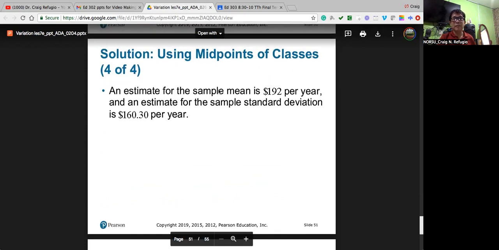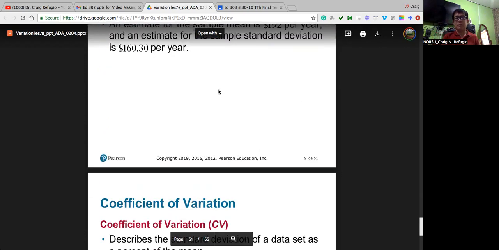So an estimate for the sample mean is 192 per year, and an estimate for the sample standard deviation is 160.30 per year.